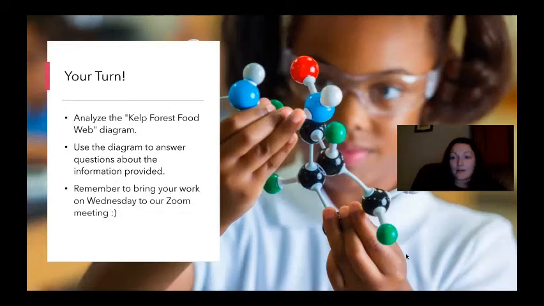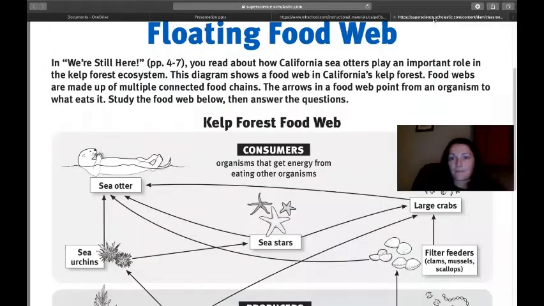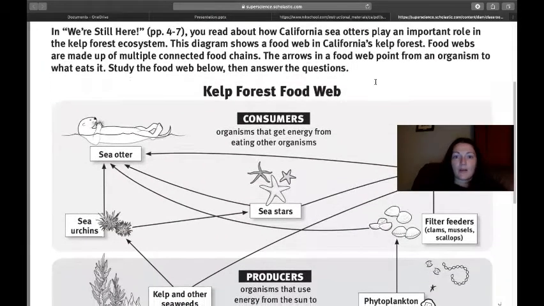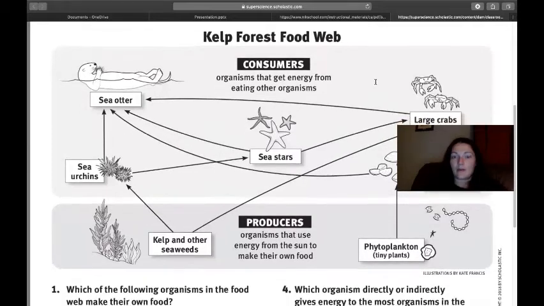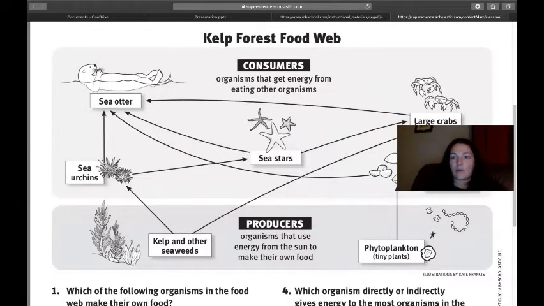So to do this last part, remember to pause the video, analyze the diagram. Here we go. Let me pull it up. Okay. So here is the kelp forest food web. Study the food web below, then answer the question. So analyze this food web right here.